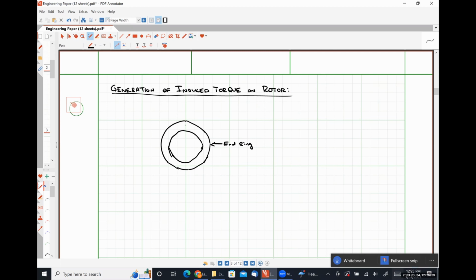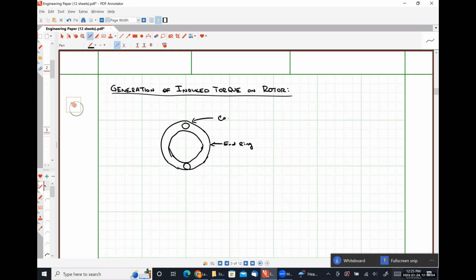So let's say that we have a conductor here directed into the page and another conductor here directed into the page. There are also going to be other conductors around the ring, but we're not going to worry about them right now. Let's just pretend that we have a single conductor on one side and a single conductor on the other side, and we'll let all the other stuff work itself out, right?